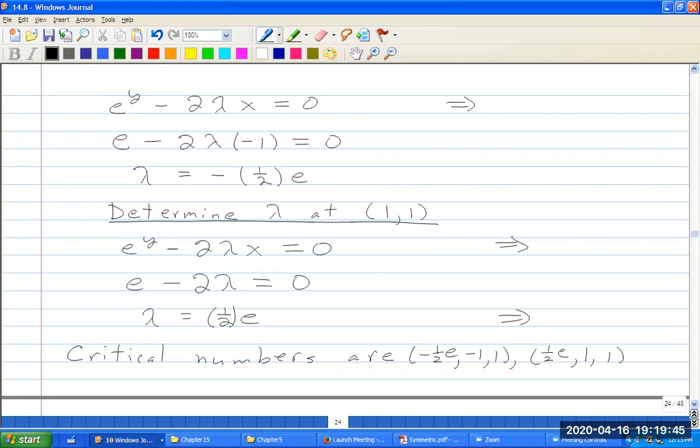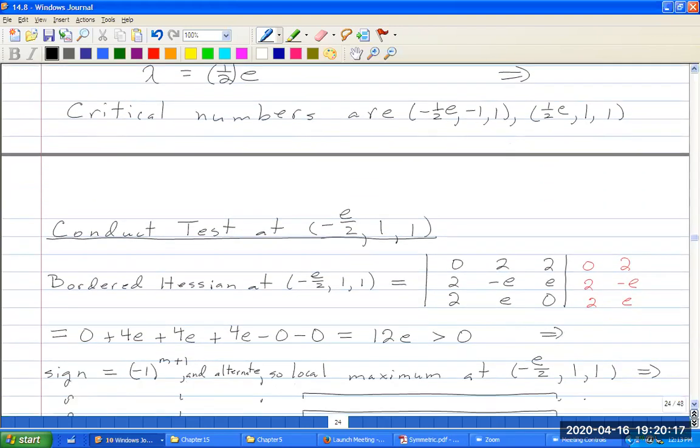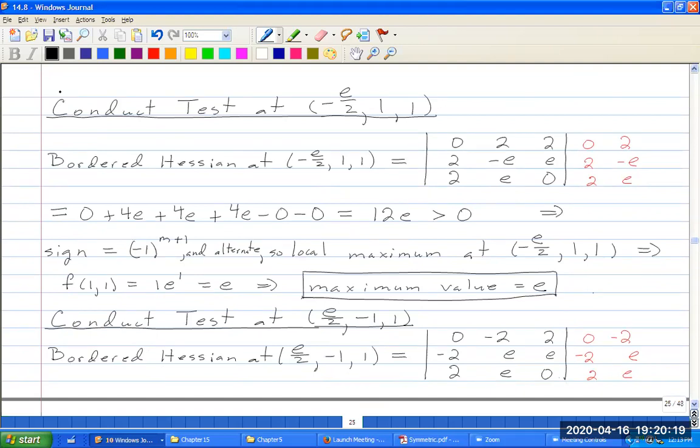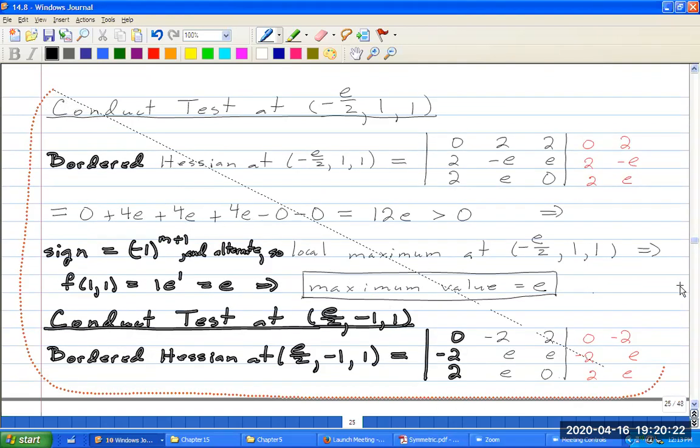So now, since the critical numbers were such that the first derivative was 0, the gradient was 0, then I can use the second derivative test. I could use the first derivative test. I didn't explicitly write out the first derivative test. It's a little bit more difficult. You could do the first derivative test on this, but we're going to just do the second derivative test. I gave you all the second derivative tests, so let's use the second derivative test.